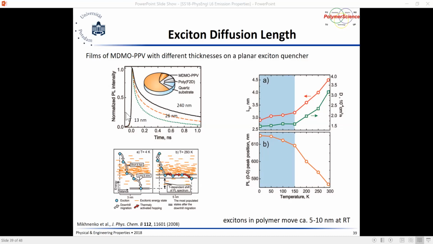And the distance that the exciton can travel within the lifetime that it has equals the exciton diffusion length. So the exciton diffusion length is the distance an exciton can diffuse before it relaxes back to the ground state.